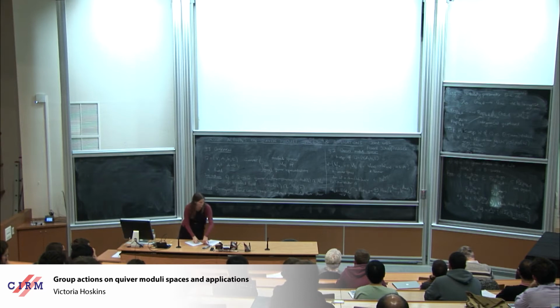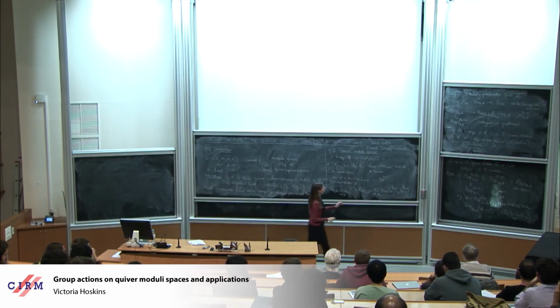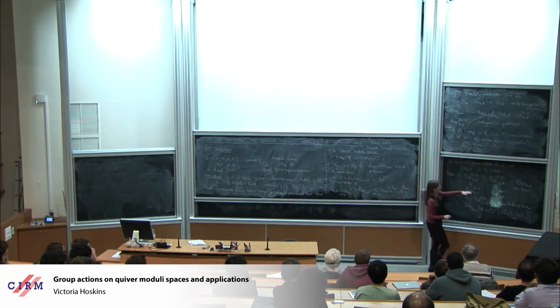Okay, so this construction was given by King, for an algebraically closed field, but then you just have to make the appropriate modifications when you're not working over an algebraically closed field.